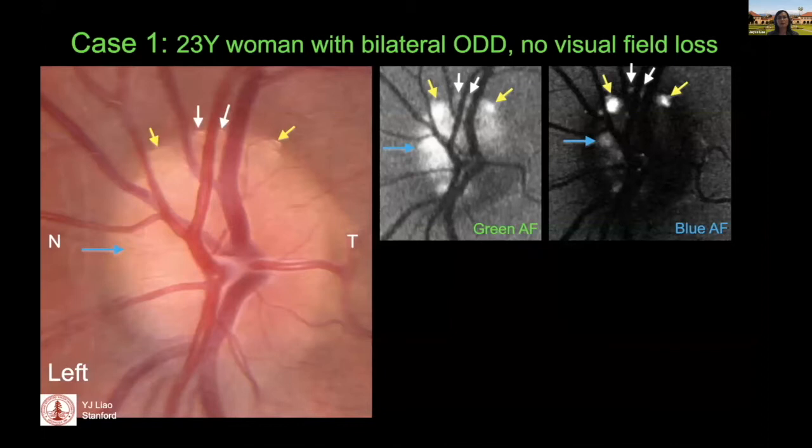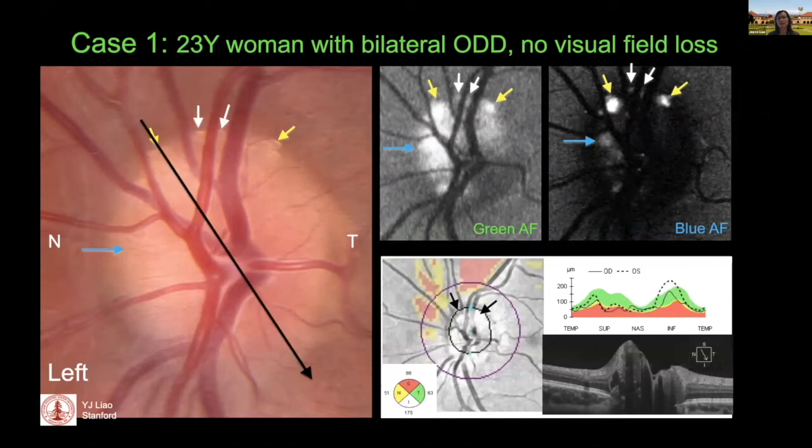So here is just a way to line up the different aspects of the color photo, the green autofluorescence and the blue autofluorescence. And if we do a slice, a line scan through the optic nerve in a diagonal fashion, the drusen in that superior nasal area in the left eye has a corresponding area in the right lower OCT image.